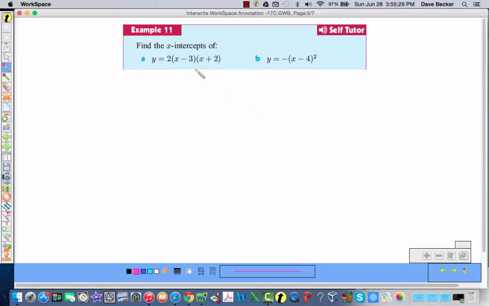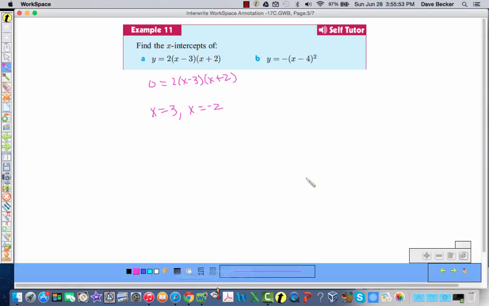So find the x-intercepts of this. To find the x-intercepts, we let y equal 0. Oh my gosh, it's almost the exact example I just gave. You don't even have to write this out because you can just look at it: the x-intercepts would be 3 and -2.